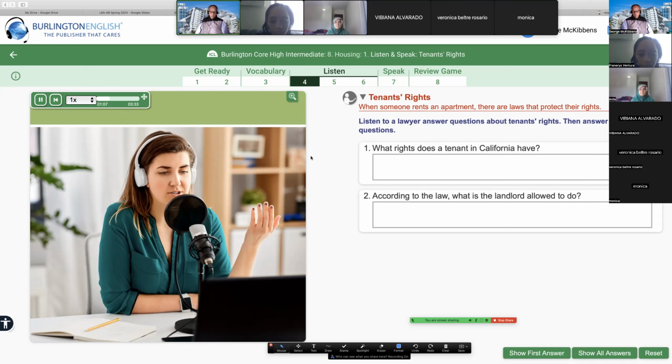That can't be right. That's a lot of money. Unfortunately, if there's no lease, landlords can raise the rent. But let me ask you, what state do you live in? California. In California, the landlord must give 30 days advance notice before he raises the rent. The advance notice has to be in writing. Does that help? Oh, I wasn't aware of that. Thanks for the information. Take care, Joe, and good luck.